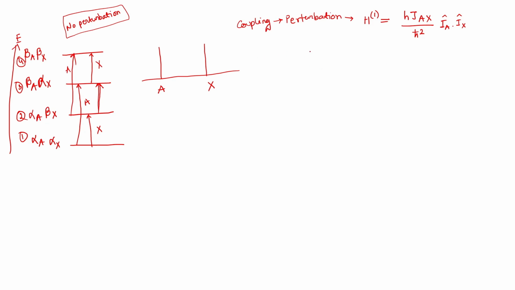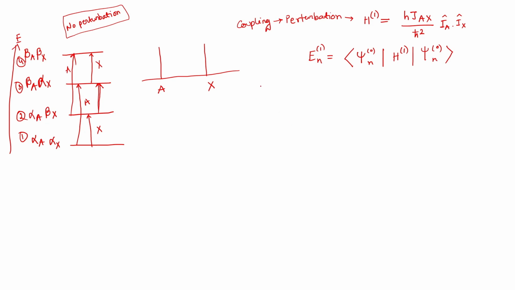Now you all know the energy, the first order correction to the energy due to perturbation, is actually psi 0 n, your perturbation or the Hamiltonian, and then this wave function.